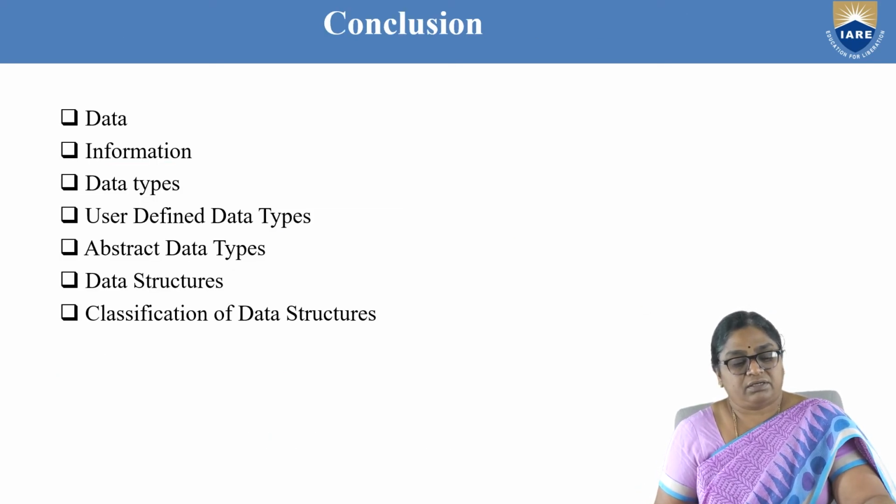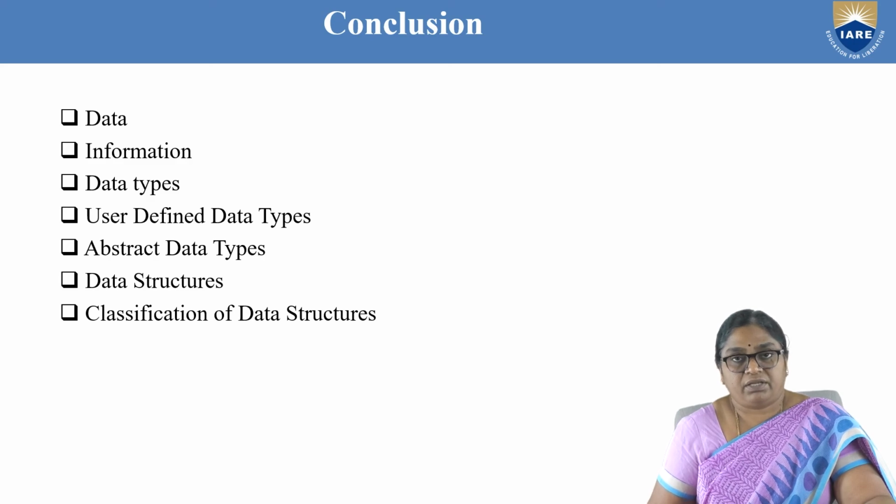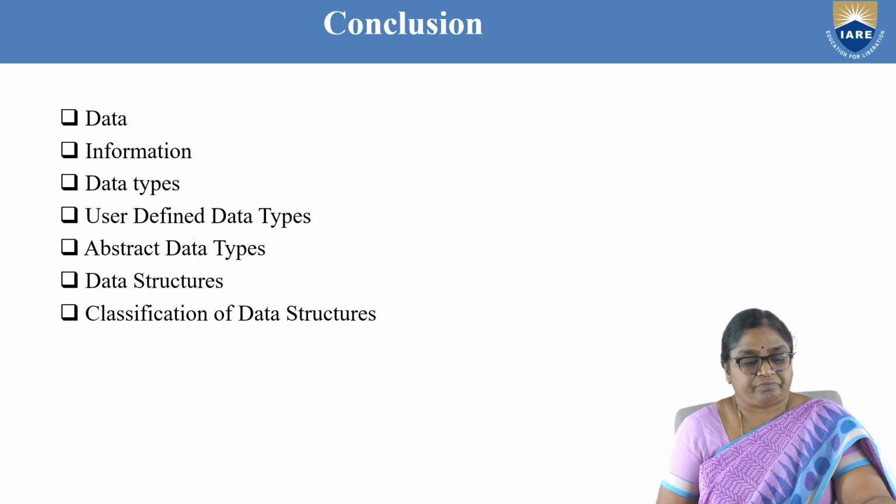So, in this session, we tried to understand the following concepts. The first one is data. Data is nothing but a collection of raw facts. And then information. Information is processed data, or the result of analysis of the given data.